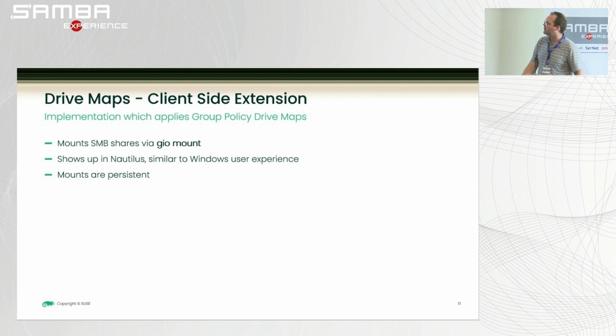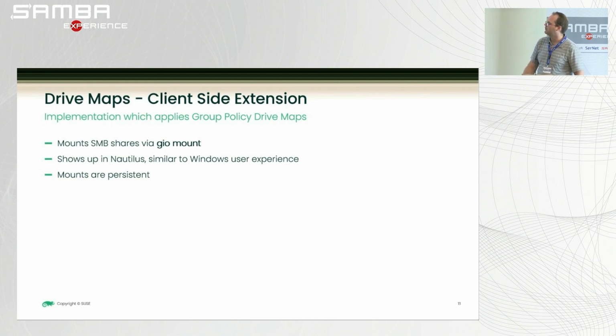So the Drive Maps client-side extension gives you the ability to use Drive Maps to mount SMB shares. It actually uses the existing Windows group policy that's currently available in the group policy management extension.